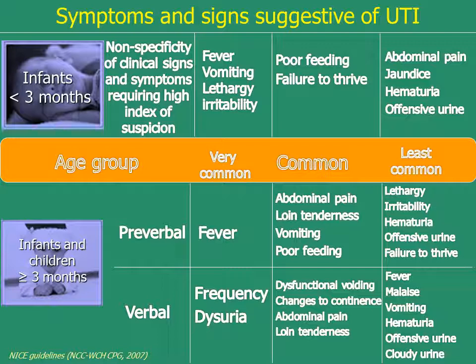A weak or dripping urinary stream suggests a neurogenic bladder or obstruction in the low urinary tract, such as posterior urethral valves in boys. Constant dripping of urine or wetting of diapers may suggest the presence of an ectopic ureter, a predisposing factor to UTI. After the second year of life, the symptoms and signs of UTI are more specific.